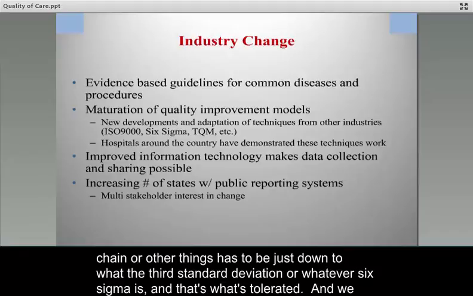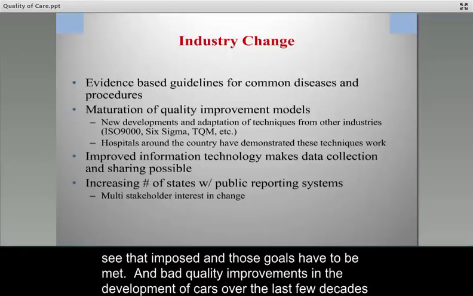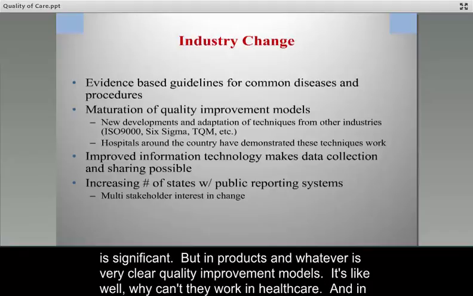That's what's tolerated, and those goals have to be met. And that quality improvement, say, just in the development of cars over the last few decades, is significant. In products, there are very clear quality improvement models.